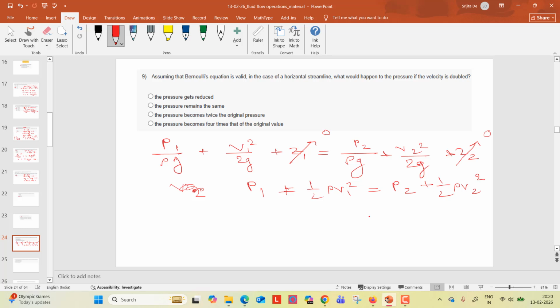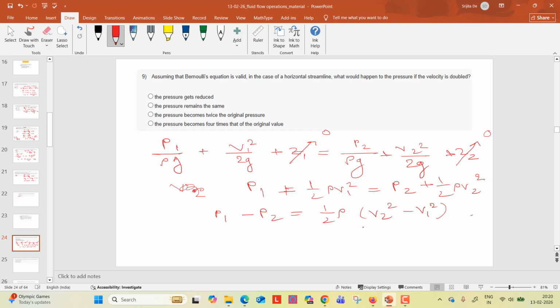So P1 minus P2 will be half rho (v2 square minus v1 square). It is said that velocity is doubled, so it is 2v1.